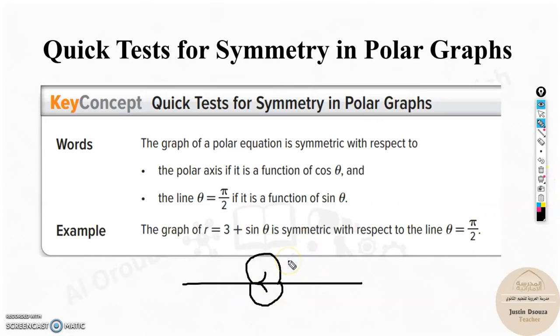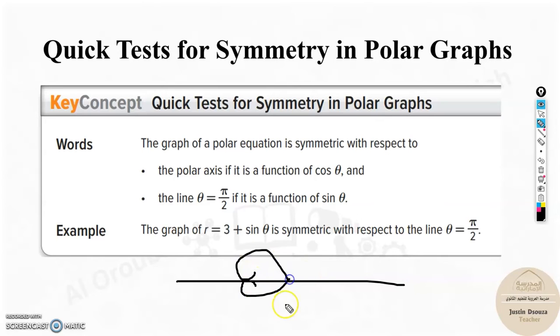What is the importance of this? That means I do not need to plot the graph for all of 0 to 2 pi. What do I do? From 0 to pi, that's it. That is 0 to 180 degrees, enough, because whatever the shape is over here will be the same shape over here.